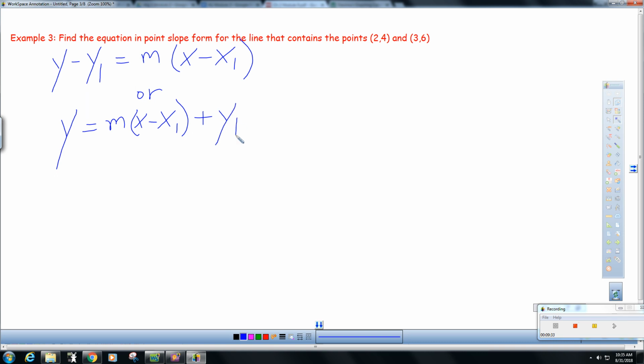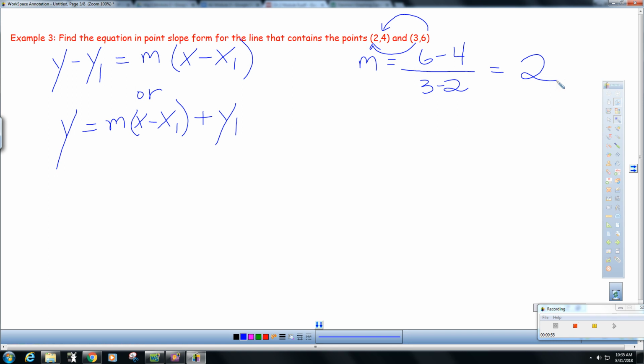That's what we learned before. But hold on, we don't know the slope. It's no big deal. Okay, the slope is change in y, 6 minus 4, over change in x. So it's 2. So the slope is 2.